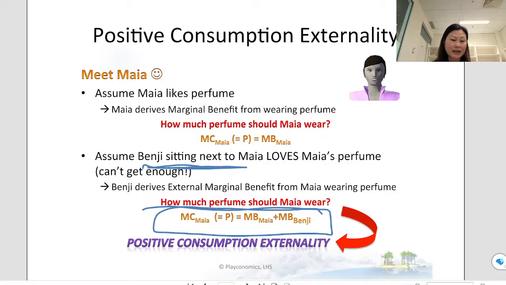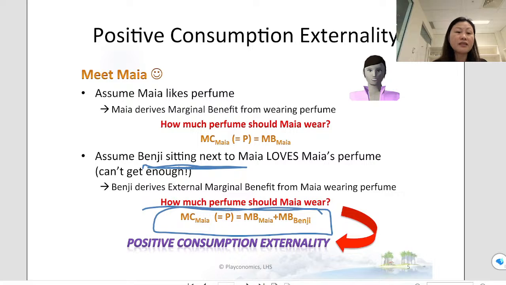It's terrible driving a car. Or if you decide to go and get a flu vaccination, you protect yourself from the flu, but you are also protecting Benji, who's sitting next to you in class. Therefore, there are really important things that we do that have a marginal external benefit for society when we engage with them.